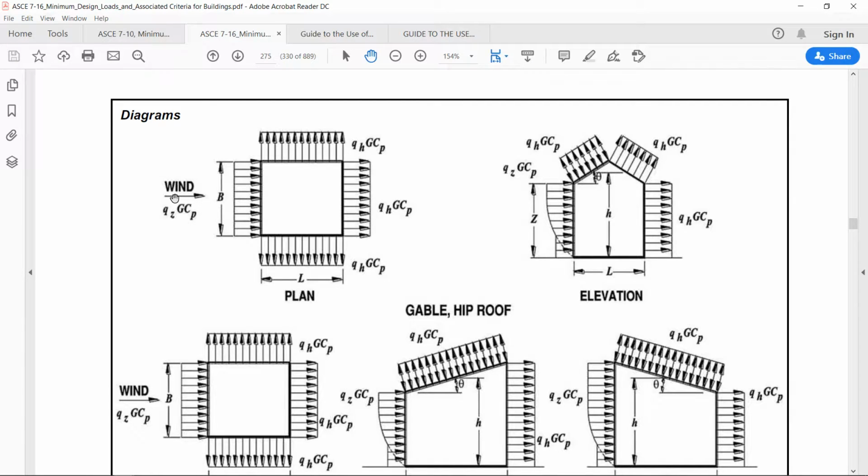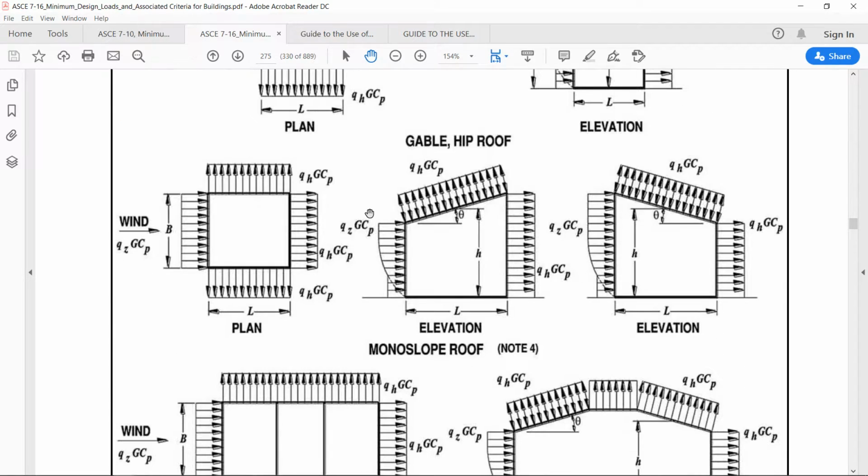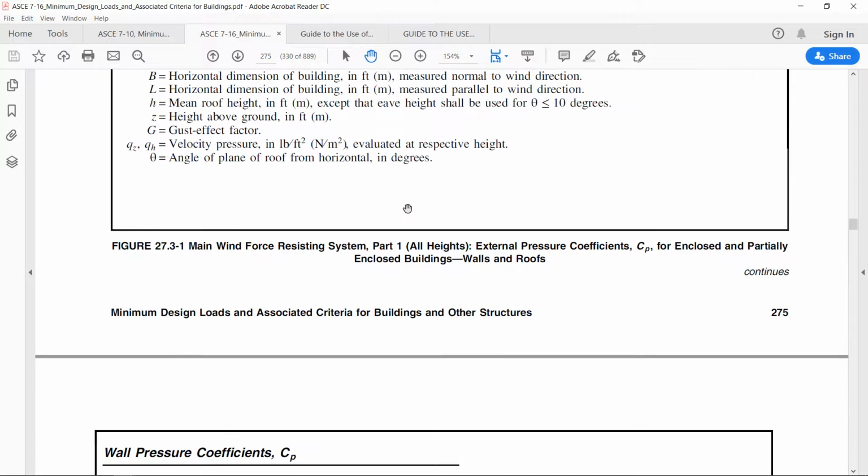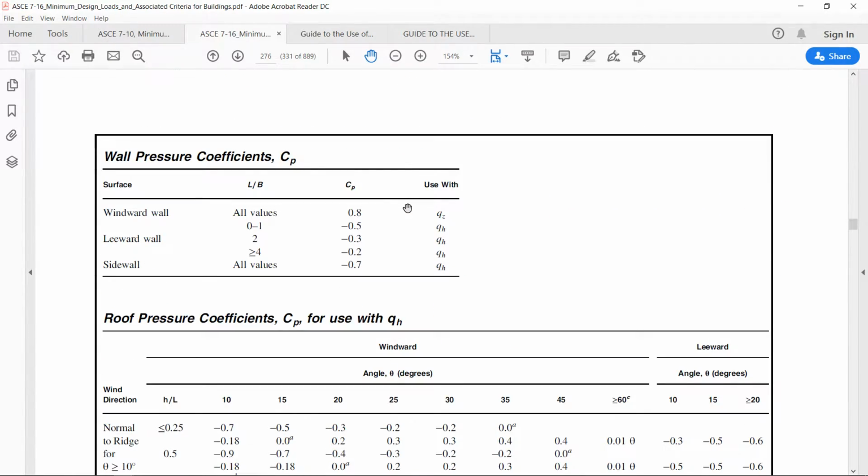If wind is blowing, the perpendicular face will be B and the parallel face will be L, and these are the factors which we have to calculate, where Cp is given below for gable or hip roof. So here is the value of Cp given.